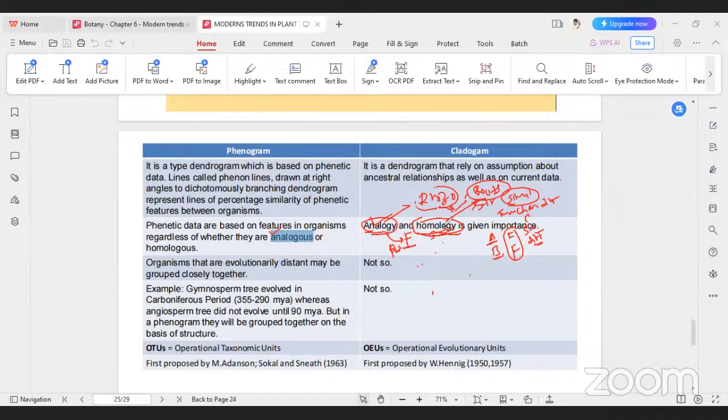Actually, these are homologous. For example, thorns of bougainvillea and tendril of cucurbita: this anatomical structure is the same, but the function of thorns is protection and the function of tendril is climbing. The function is different.